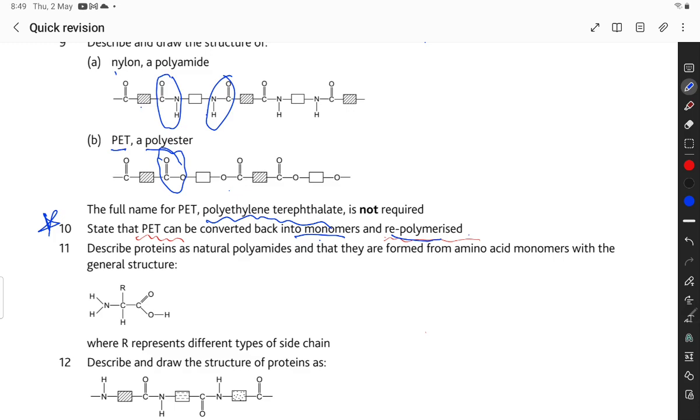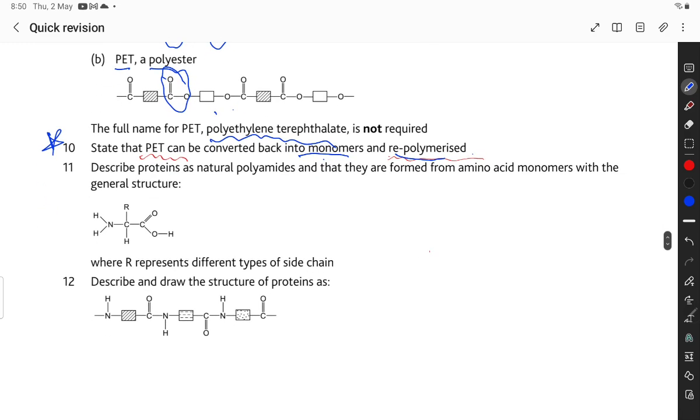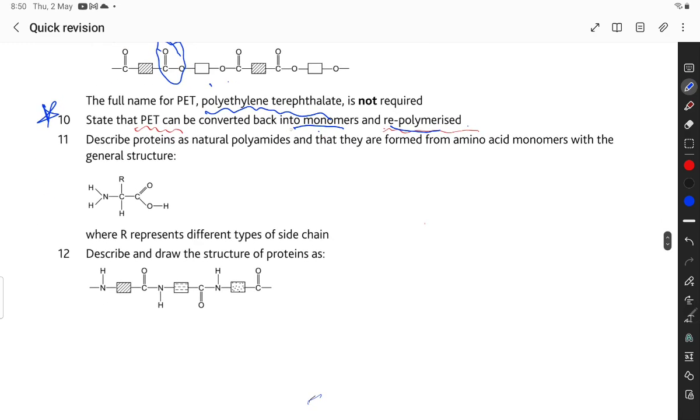In the backward reaction, the compound can be broken down into dicarboxylic acid and diol, and similarly this compound is also hydrolyzed to form dicarboxylic acid and diamine. So that's why PET can be converted back into monomers and repolymerized.